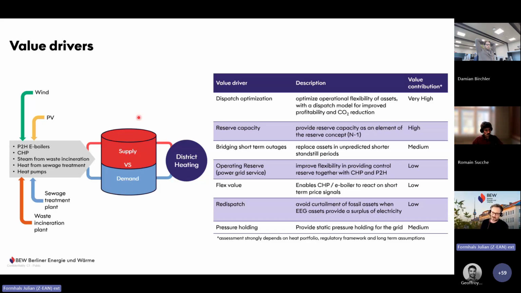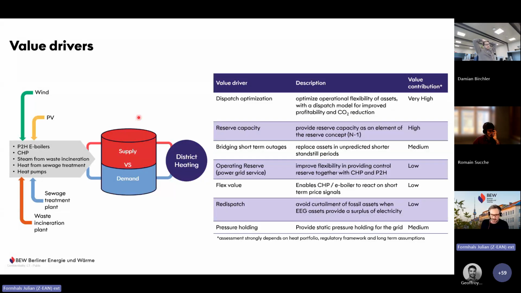Additional value drivers are this flex value, which just means that you put a little bit more flexibility into the operation of your CHP and e-boilers for short-term price signals, which is not our main driver here, but it can be an additional value driver as well.